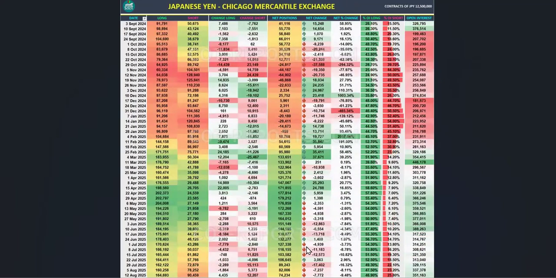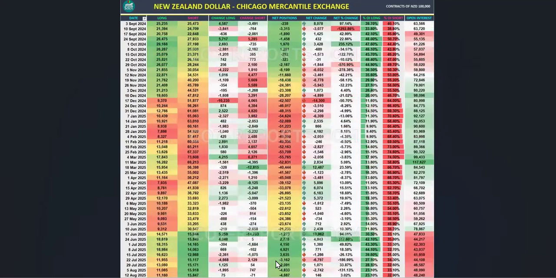On Japanese yen, right here we can see that they added 4,000 positions and closed 2,000 positions. So there's not much difference, but at the same time, based on the current monetary policy and the CPI, we now understand that the yen, apart from the COT report, is getting stronger. So with that strength from the CPI and all, we can expect the market to be trending to the downside.